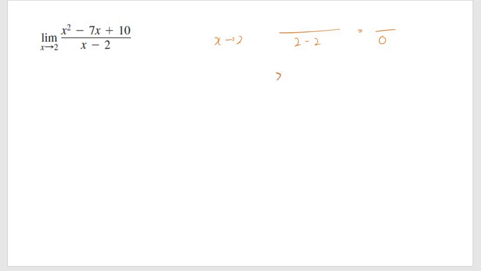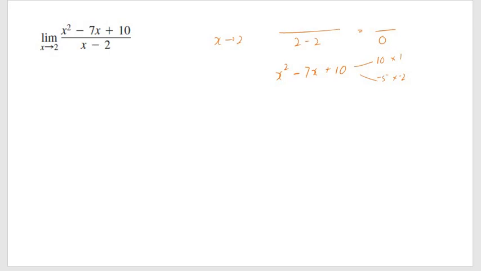So we have x squared minus 7x plus 10. So let's factorize 10 so that we get a 7 when you add the two numbers. So 10 can be written as 10 times 1 or 1 times 10 or 5 times 2. And if they are both negative, you get minus 5 times minus 2 is 10.